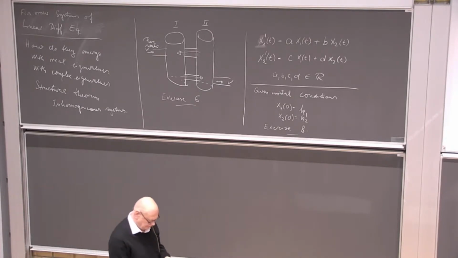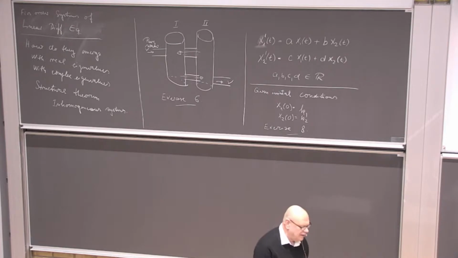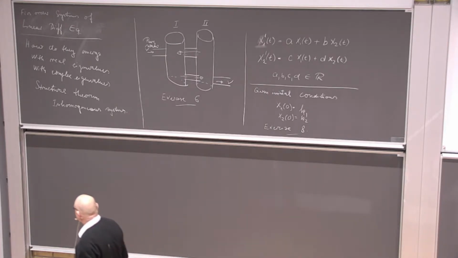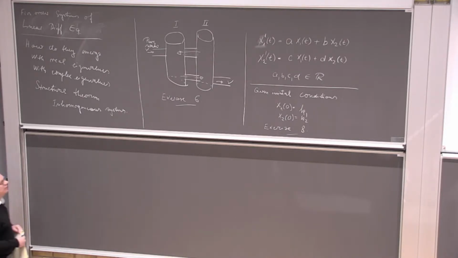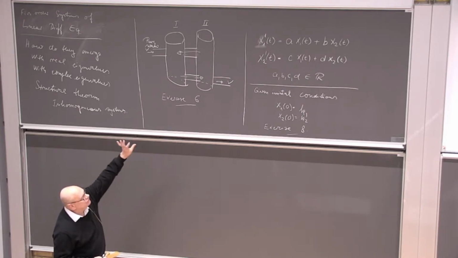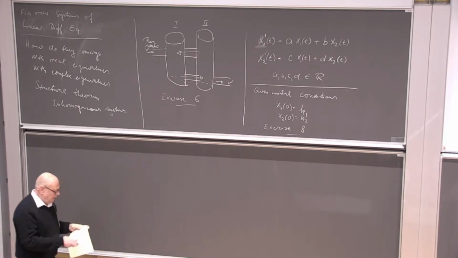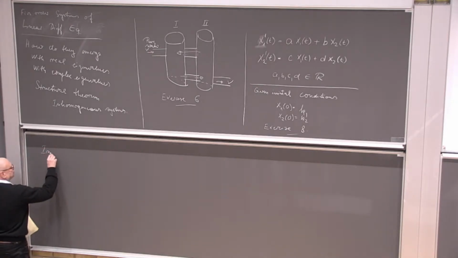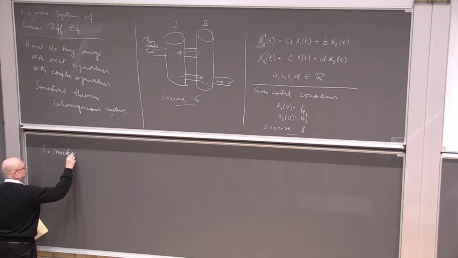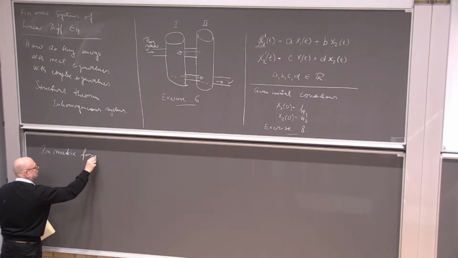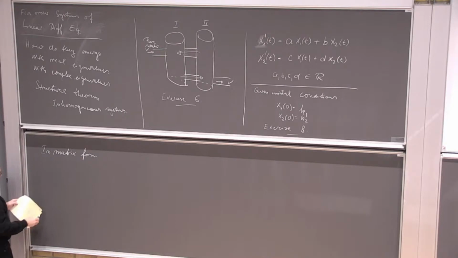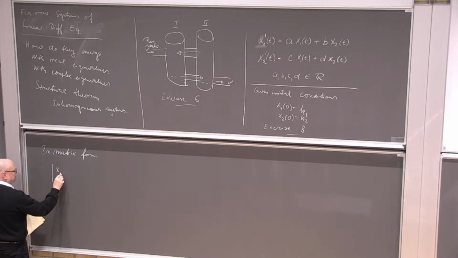Now, the way we present this is often in matrix form. That is, we can rewrite this system of equations that we have. We have these two differential equations in matrix form. And I then introduce this column vector here of the derivatives.